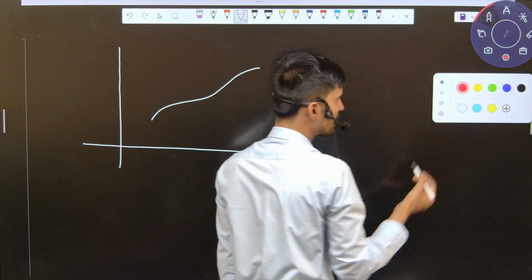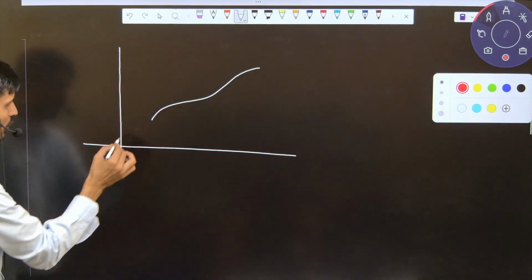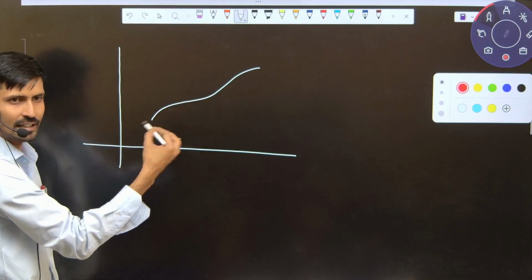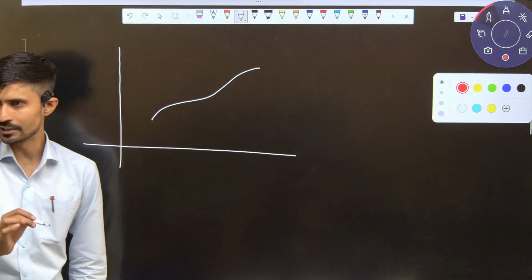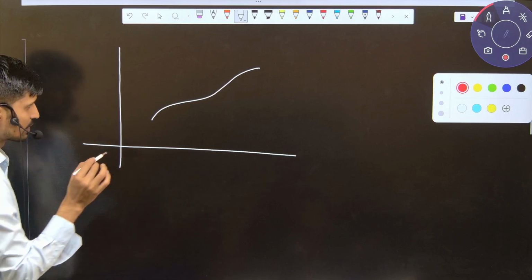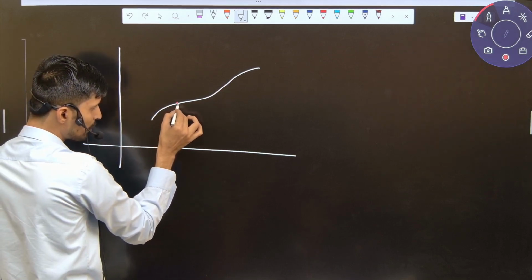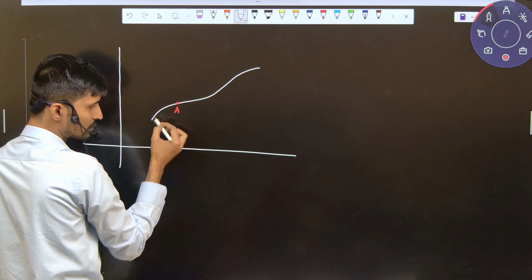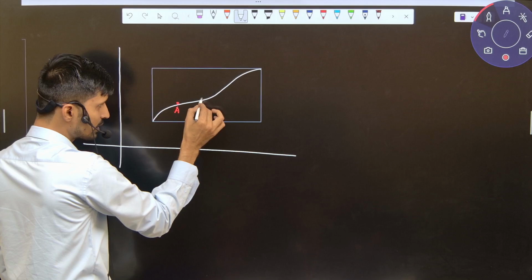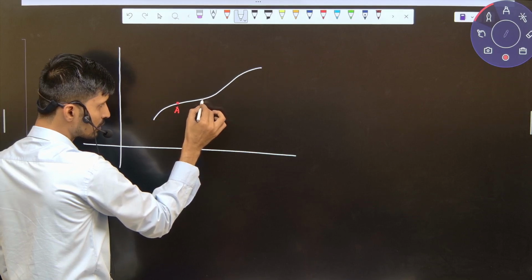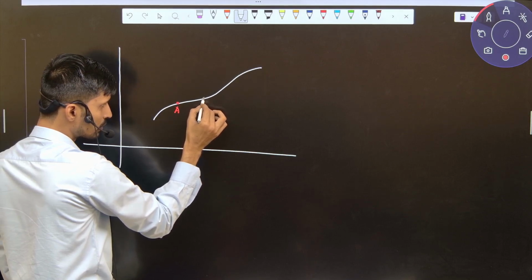So first of all, I will explain all the points on this graph, then if I explain continuity, you will understand. Suppose this is a point A and that is a point B.